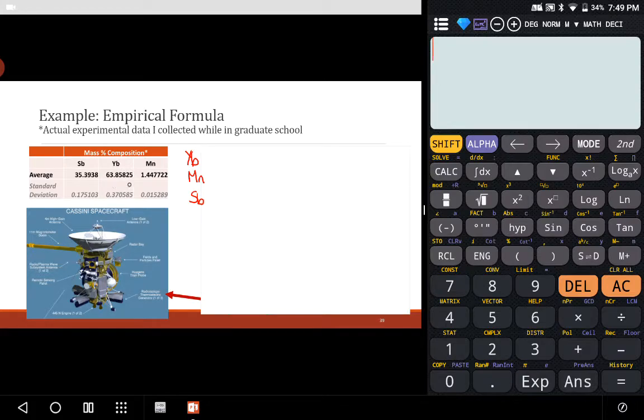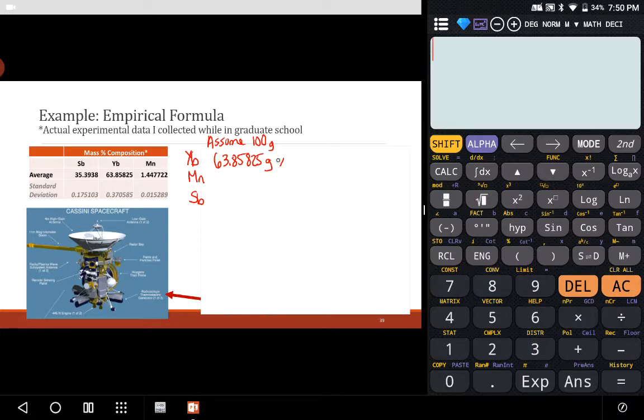The first step to figuring out this chemical formula is to convert each of these percentages into a mass. If I assume that I have 100 grams of it, then 63.85825% of 100 is just going to be 63.85825 grams.